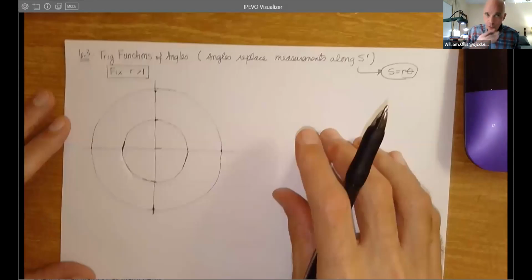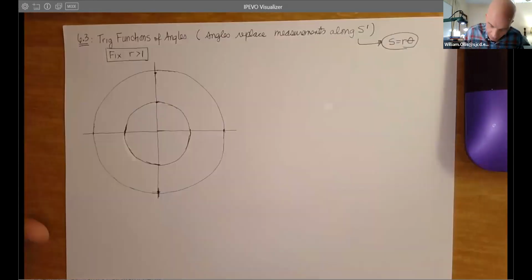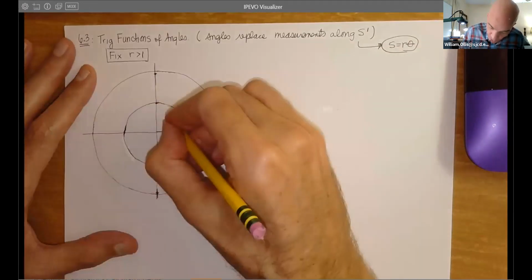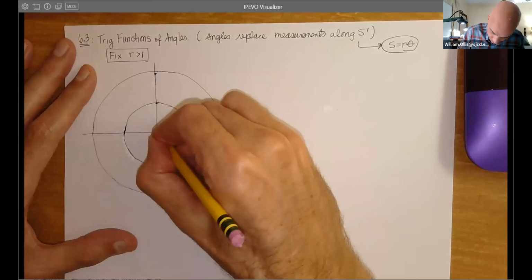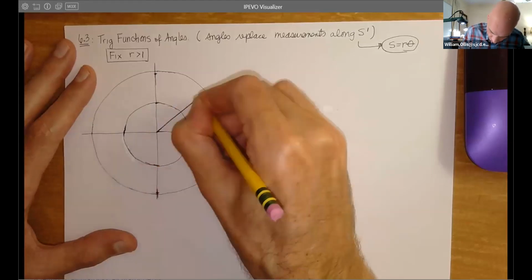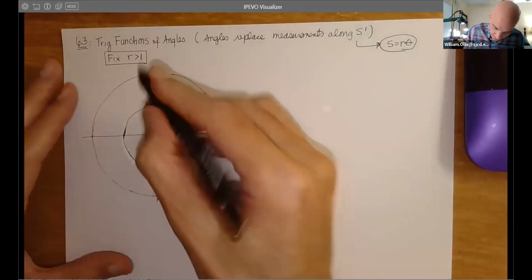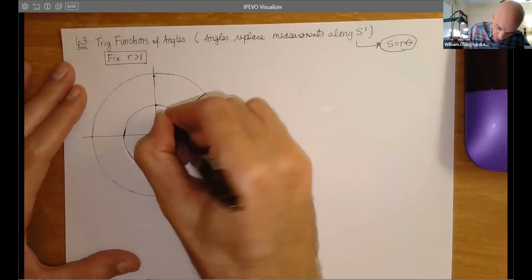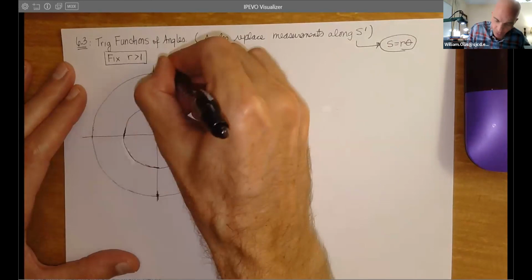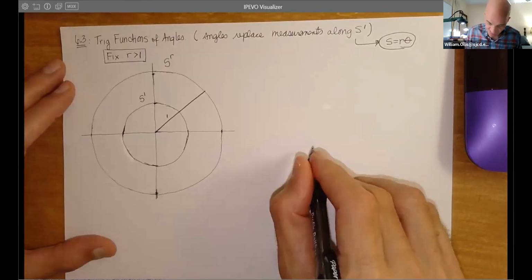So now what we want to do is construct a radius that runs through both. Right there. So now this will be, we'll call this S1 and we'll call this SR, radius R, radius 1, S1, SR.